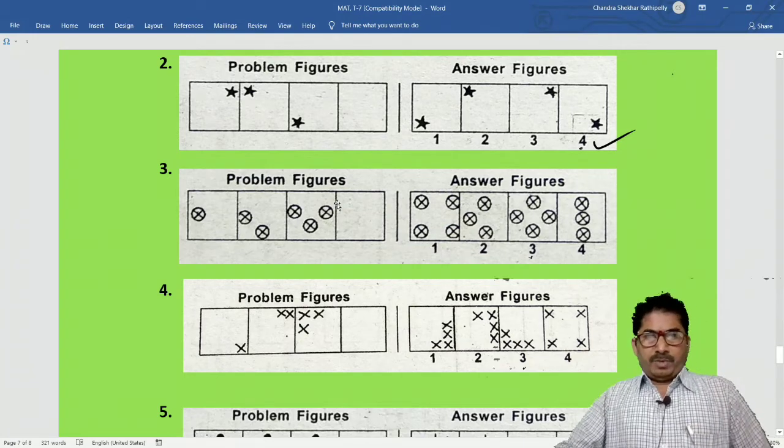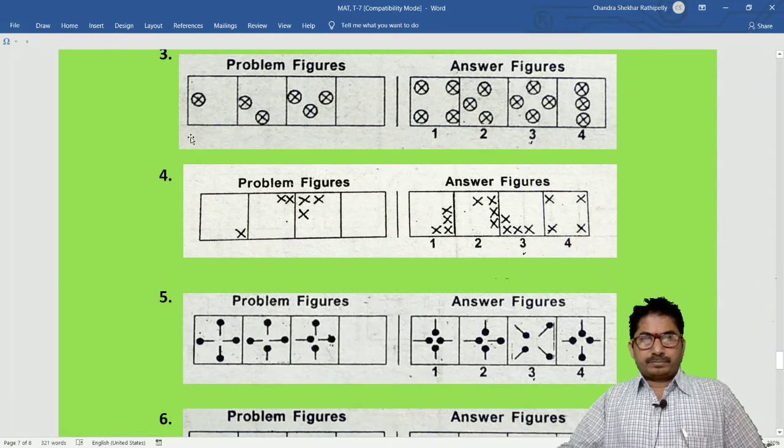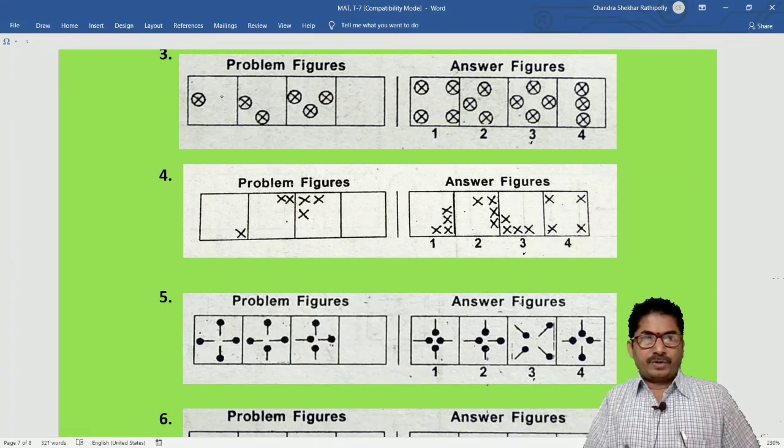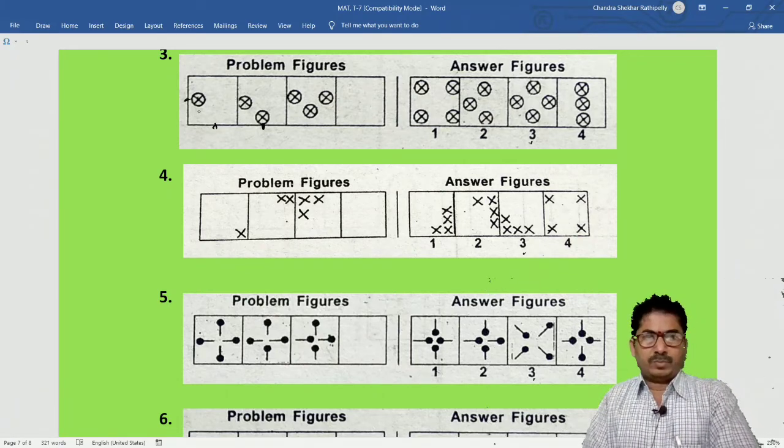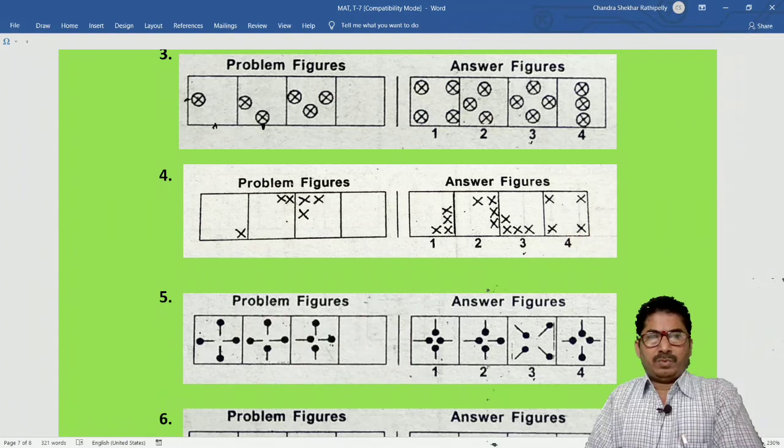Third question, problem figure. Here is the figure. Second, this side came and also changed, increased 1, 1, 2. Next, here came clockwise and clockwise.